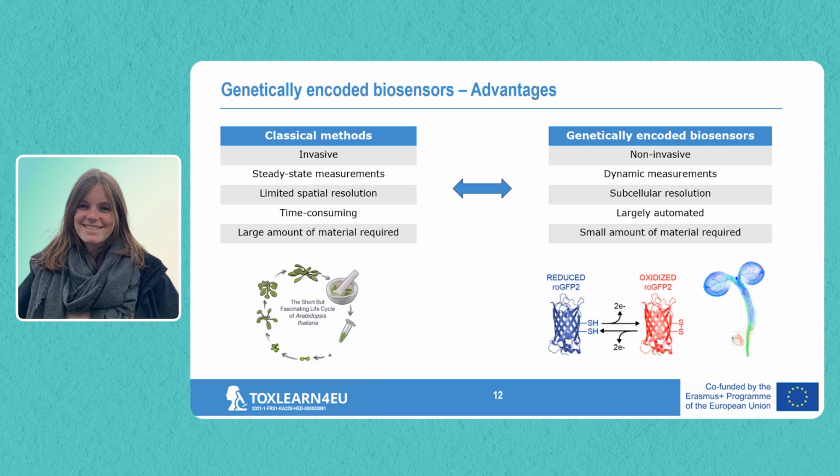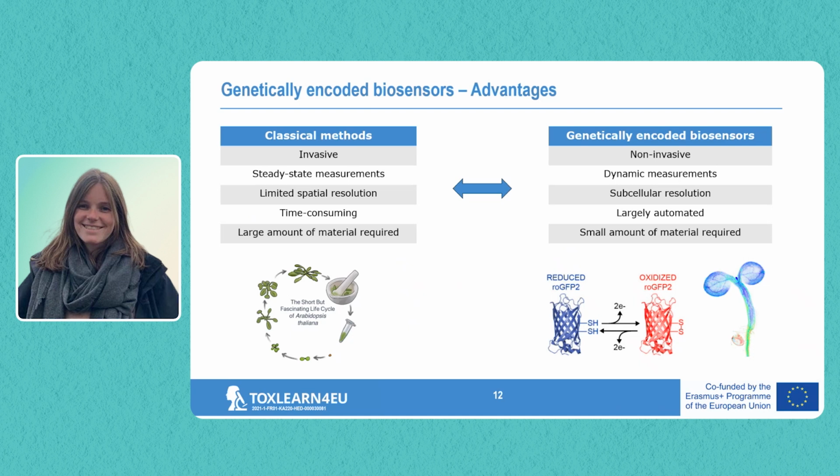For some of these techniques, especially the ones where you need to prepare extracts, you also have a limited spatial resolution. Because if you prepare an extract from an entire leaf rosette, you see that ROS levels are going up. You still don't know, is it happening in all the leaves or only in a subset of leaves or in which part of the leaf? So that's another disadvantage. Of course, this is also time consuming because you need to prepare extracts and so on in some cases.